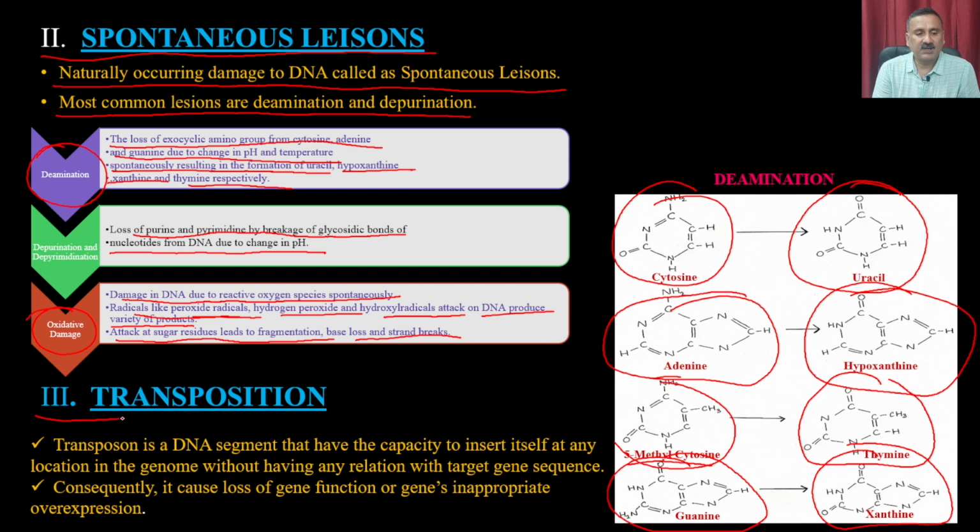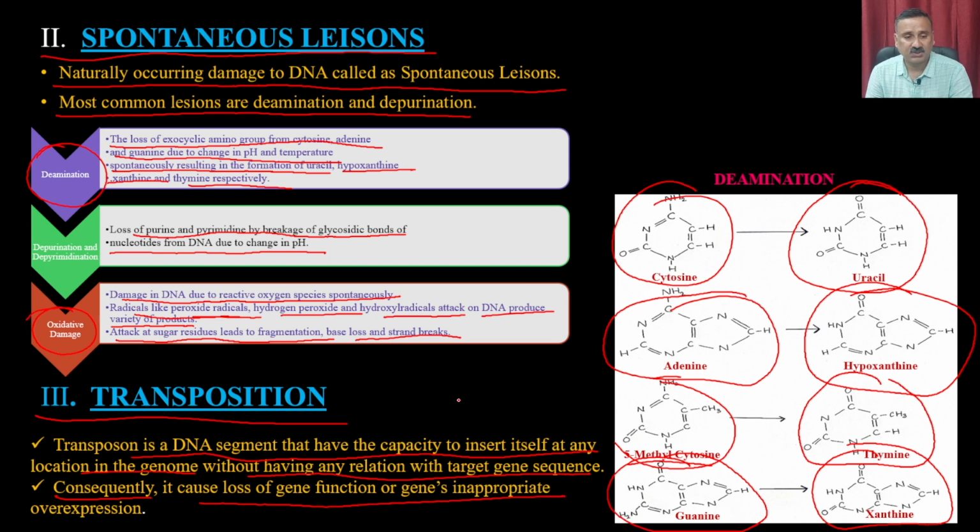And then we have transpositions. A transposon is a DNA segment that has the capacity to insert itself at any location in the genome without any relation to the target sequence. Consequently, it causes loss of gene function or inappropriate overexpression of genes. Transposition is a very important and significant topic that you should study.